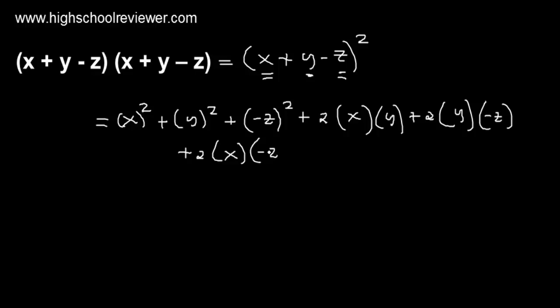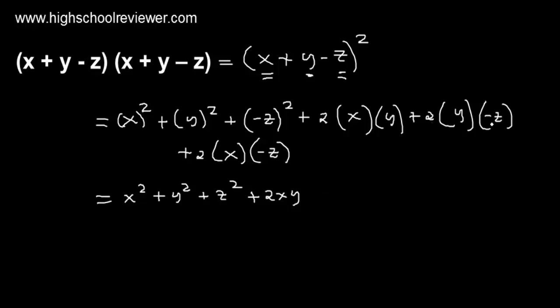multiplied by negative z. So we have here x squared plus y squared. Negative z raised to the power of 2, this is plus z squared. And then 2 multiplied by x multiplied by y, this is plus 2xy.